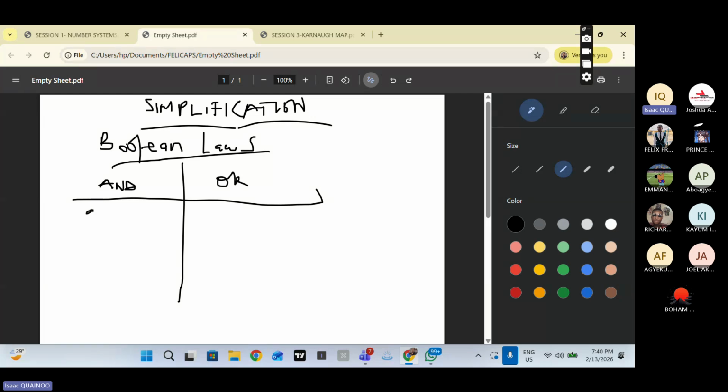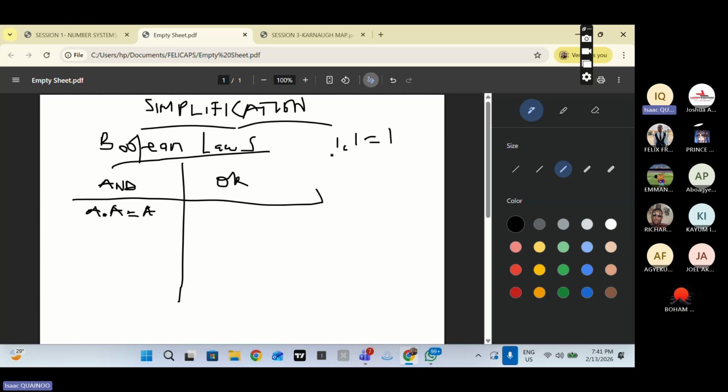If you have two inputs that are the same, and you are performing that operation using an AND operator, your output will be the same as any of your inputs. And this is the proof for that. Assuming you have inputs 1 and 1, the output will be 1, because the AND operator outputs a true if both inputs are true.